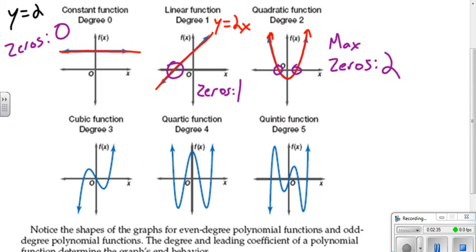Sometimes it'll only touch it once, remember, if the vertex is right on the x-axis, but the most we can get is 2 out of it. Now, notice with these, our max zeros is the same as our degree. Degree 1, 1 zero. Degree 2, maximum of 2 zeros.